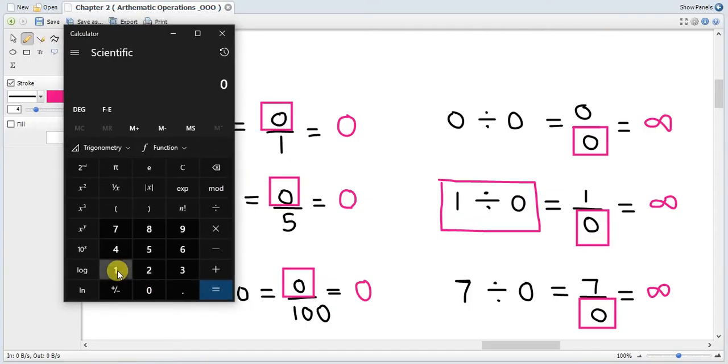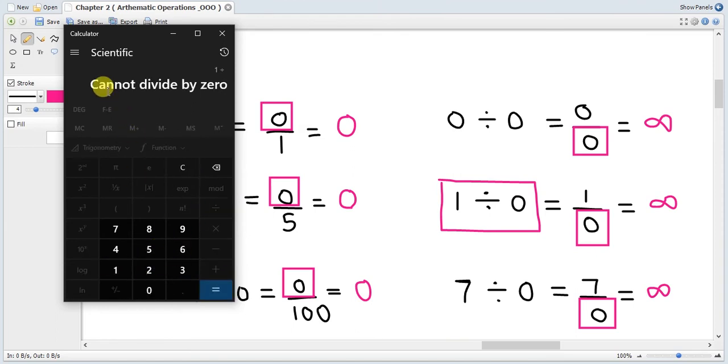This is our calculator, 1 divided by 0. See, it cannot divide by 0. Why? Because the value in the answer is so huge or so big that even the calculator cannot find it out or display it for us, right?